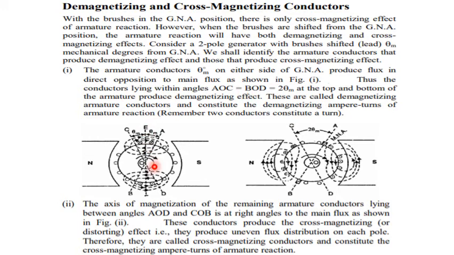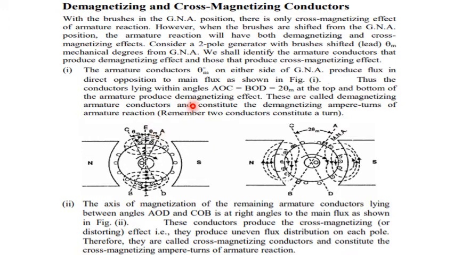Here you can find the GNA, this is the GNA. At the GNA position, you can only find the cross-magnetizing effect of armature reaction. However, when the brushes are shifted from the GNA, either clockwise or anti-clockwise, you can observe both effects, that is the demagnetizing and cross-magnetizing effect.